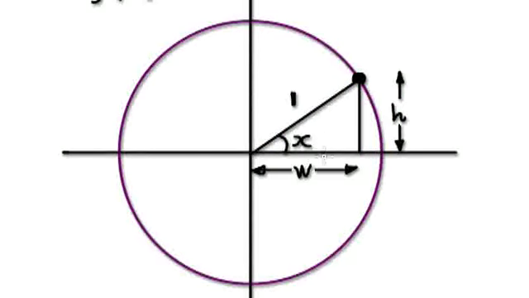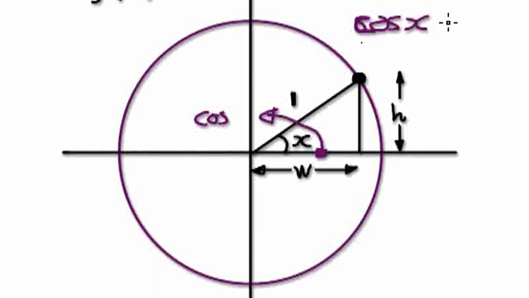So we can use the same technique here. When you look at this here, this is cos. When you look at cosine of x, cos of x equals the width here, let's call it w, divided by the hypotenuse, which is 1.